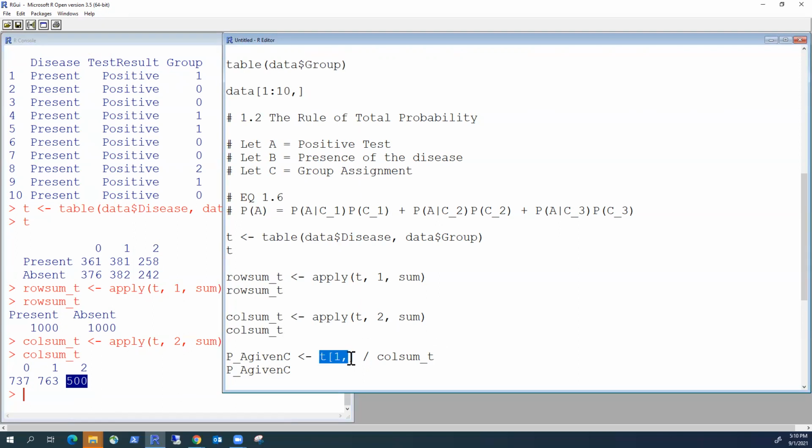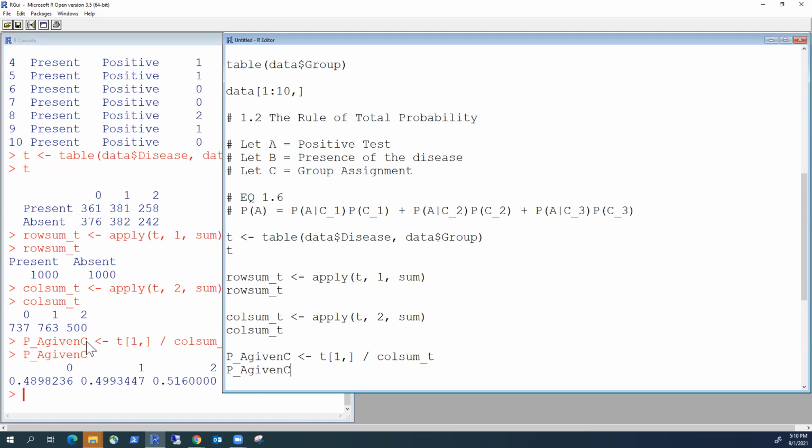So we're using the square brackets here on T, and we're saying take the first row, comma, all the columns because it's missing, right? And divide that by the column sum of T. That will be the probability of A given C.